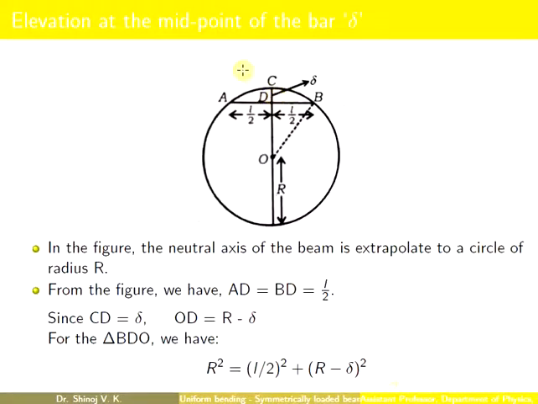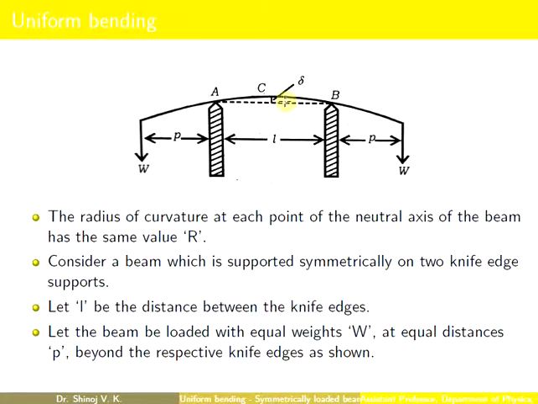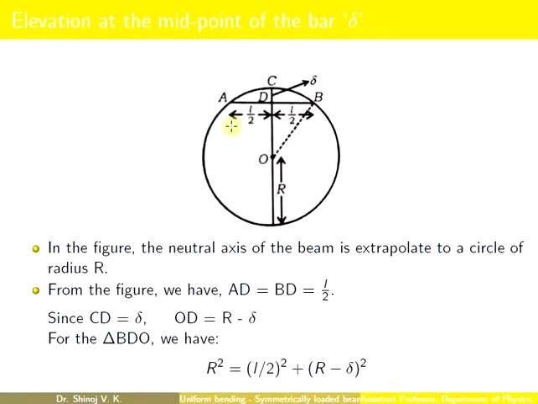Now, in order to derive the expression for the elevation at the midpoint of the bar, we define this elevation at the middle of the bar as delta, which is the maximum depression, that is, maximum elevation, at this point. For that, we consider a circle with the radius of curvature of this beam. So we extend this into a big circle, which is what you are seeing here.